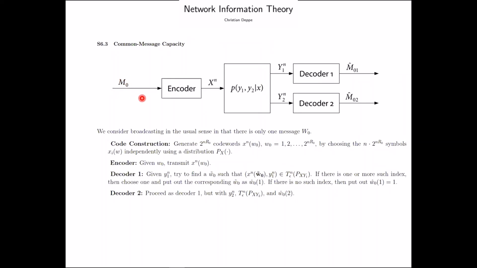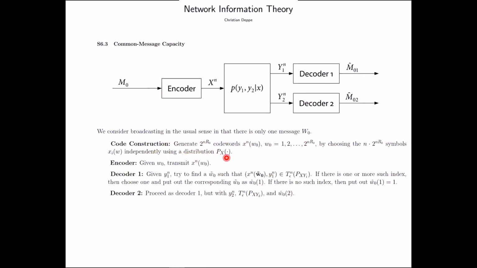And we see that this is very similar to our construction for the discrete memoryless channel, where we have, in principle, only one decoder, not two decoders. So the idea is we generate 2 to the nR0 codewords by choosing n times 2 to the nR0 symbols independently using a distribution p_X.